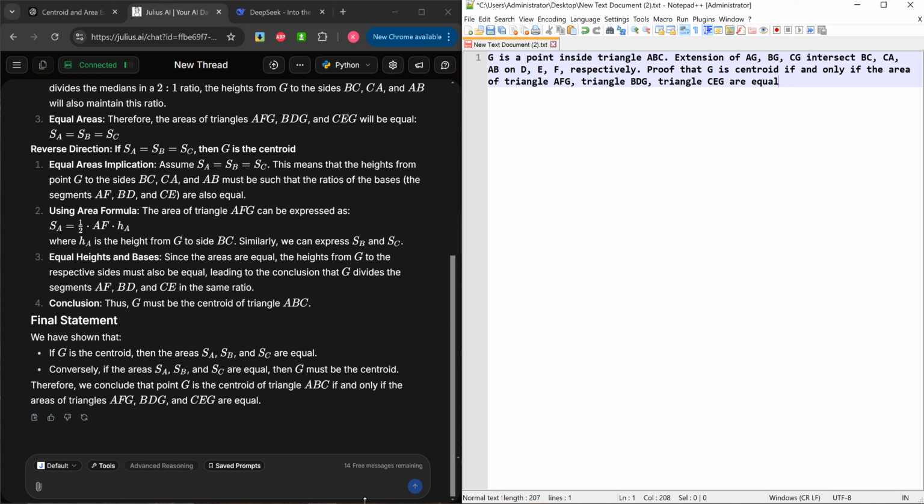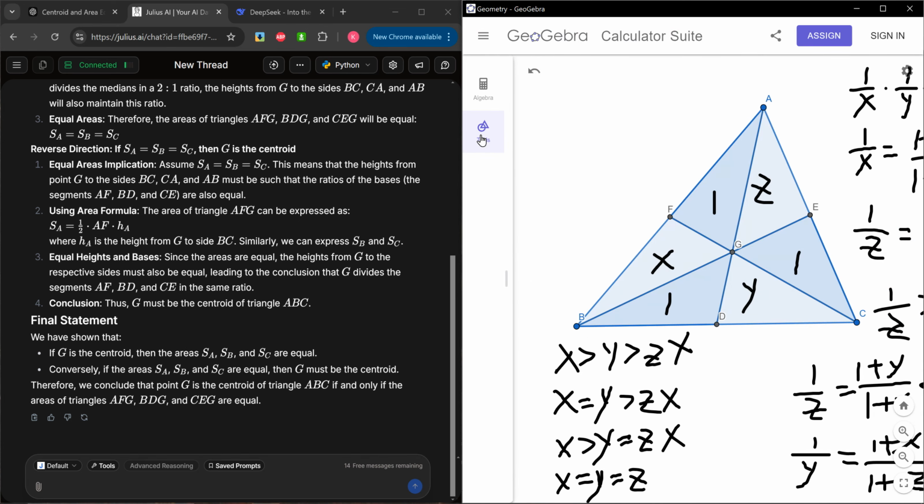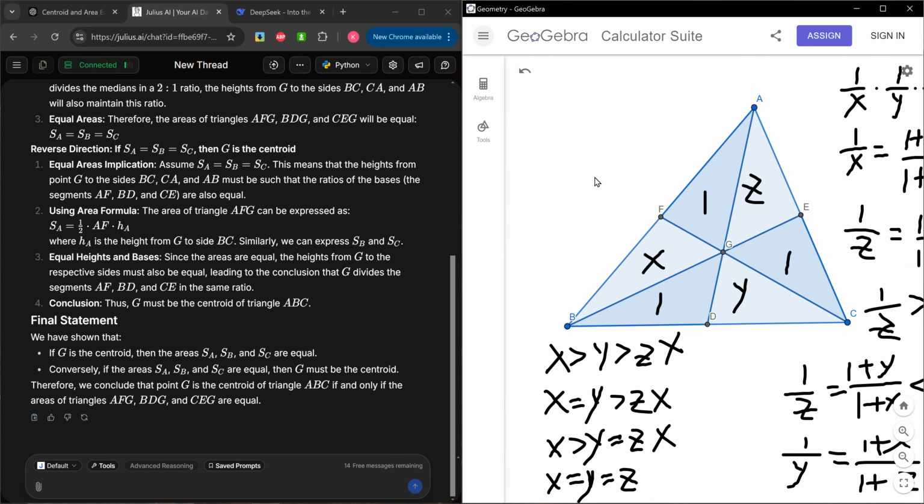Right, so let's look at the figure. AF, BD, CE. That's fine. Using the area formula, the area of triangle AFG can be expressed as SA equals half AF times HA, where HA is the height from G to BC.